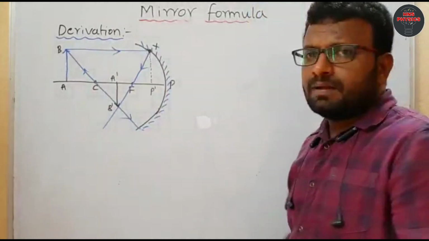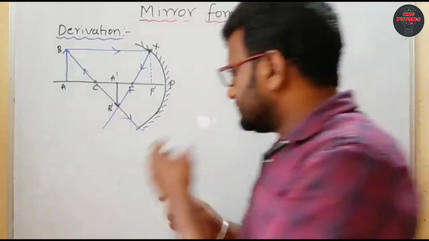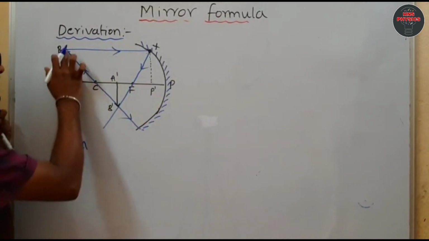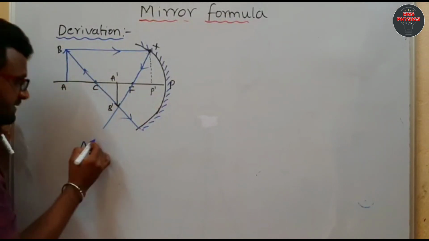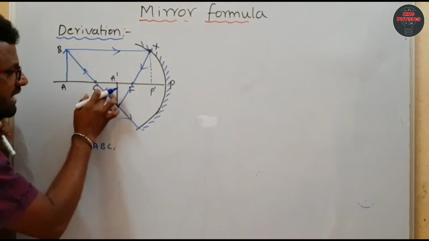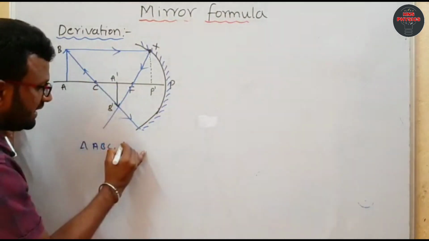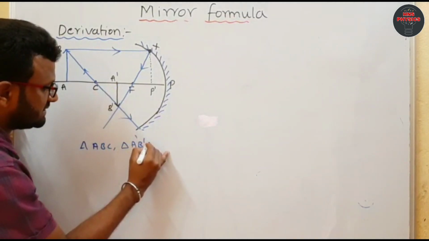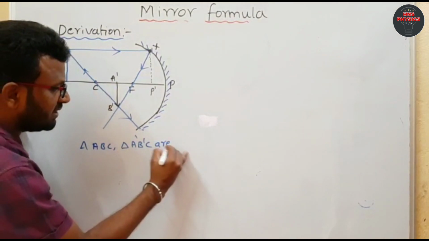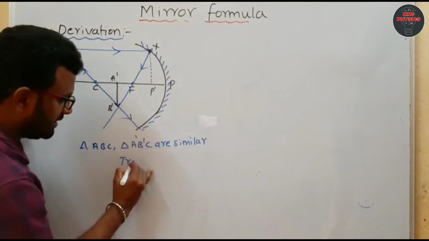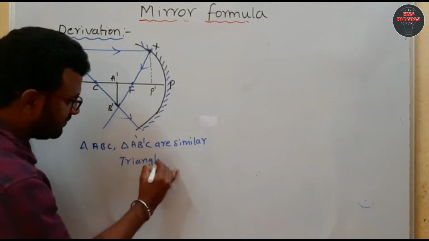If you observe the diagram, there are similar triangles here. One is triangle ABC, and this is one more triangle, triangle A dash B dash C. These two are similar triangles.